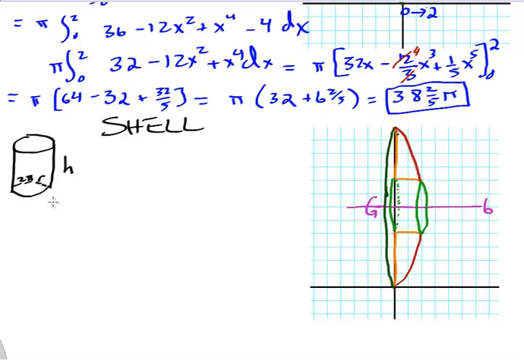And if the can is h high and we unravel this label, it's a rectangle, and the rectangle is h high, and the width of it is 2 pi r. So the area of this label is 2 pi r h. A quick little review of what a shell or a label is.